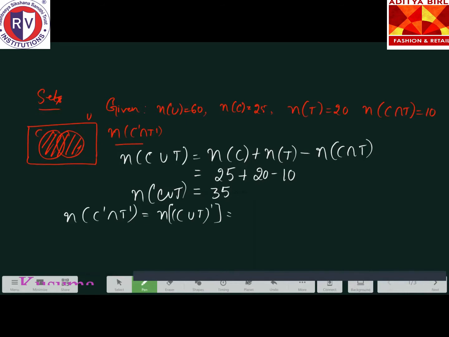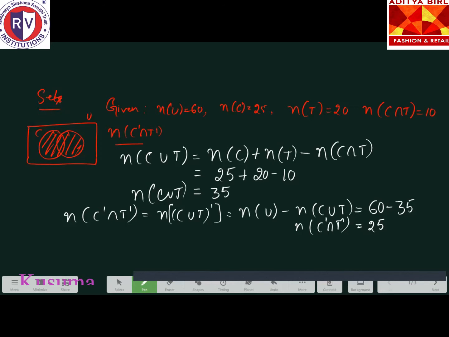So it is N of U minus N of C union T. We have N of U as 60 minus N of C union T, which we just found to be 35, which is 25. So N of C dash intersection T dash is 25.